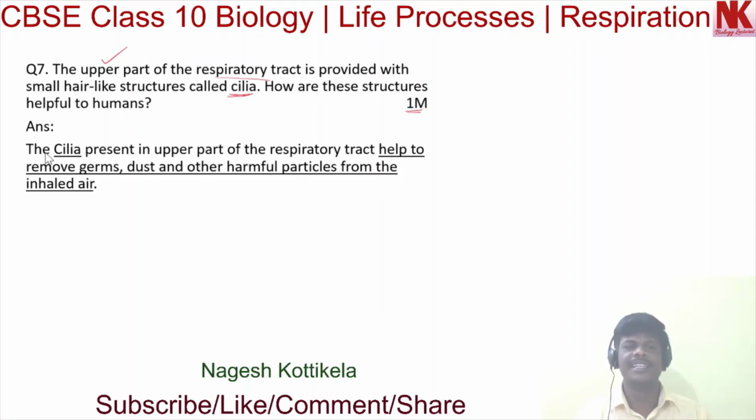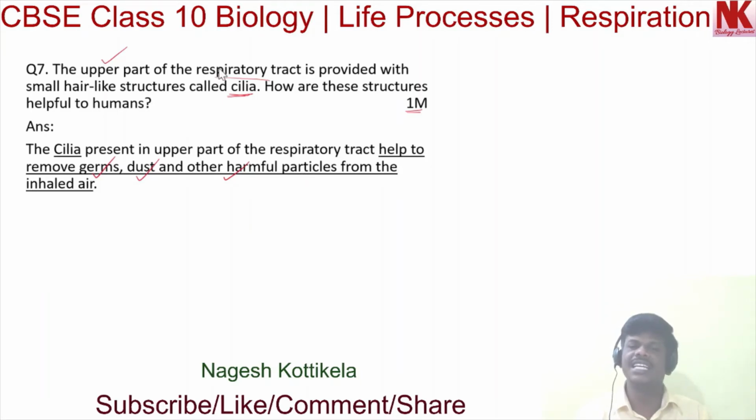The cilia present in the upper part of the respiratory tract help to remove germs, dust and other harmful particles from the inhaled air. The inhaled air can contain germs, dust and other harmful particles. If they are inhaled as such, they may cause damage to our respiratory system.